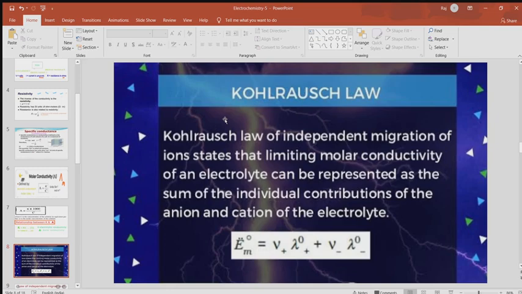Then in 1880 a German scientist gave what is known as Kohlrausch's law of independent migration of ions.